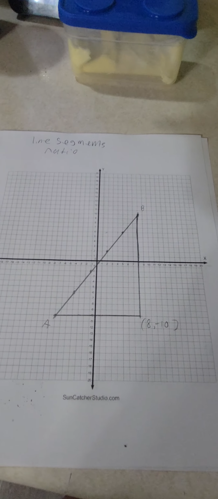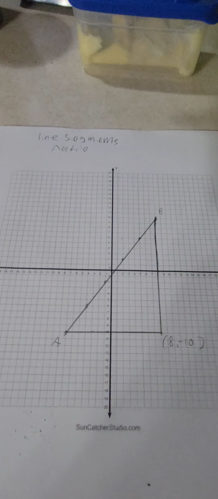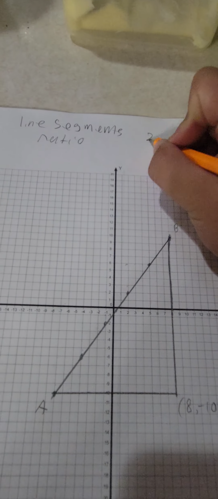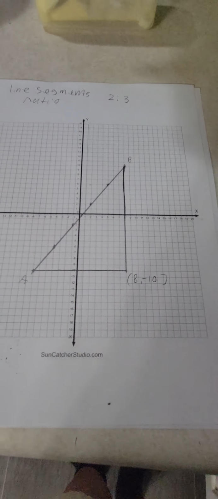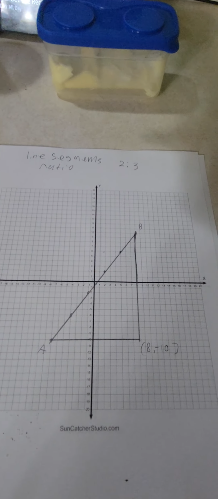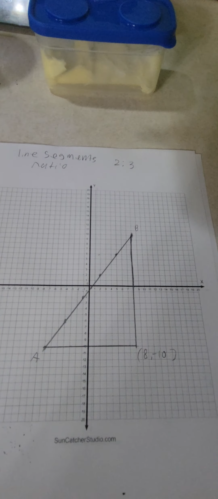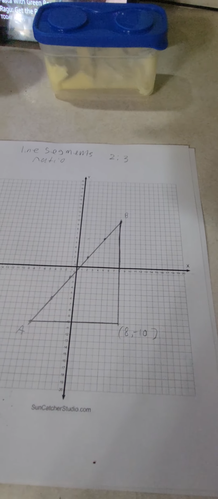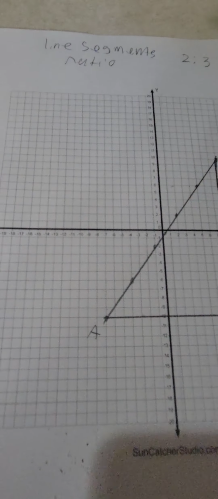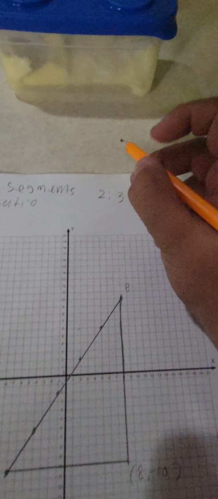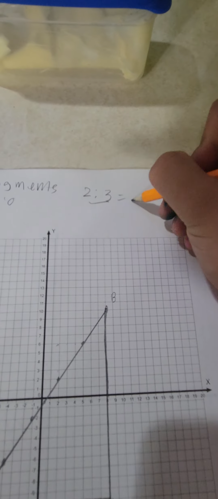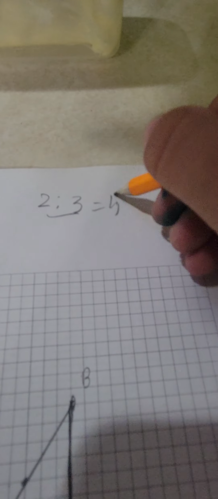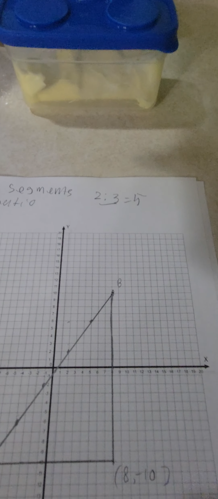Now this is all set up, let me give you the ratio. We are working with a 2 to 3 ratio. So there should be 2 segments to 3 segments. So then how do we find that? We add these together, and that equals 5, right?